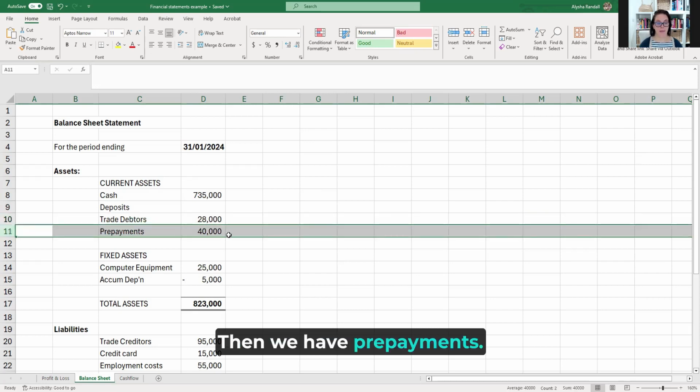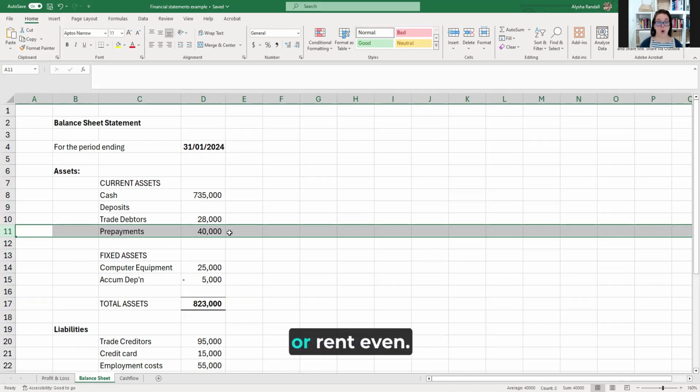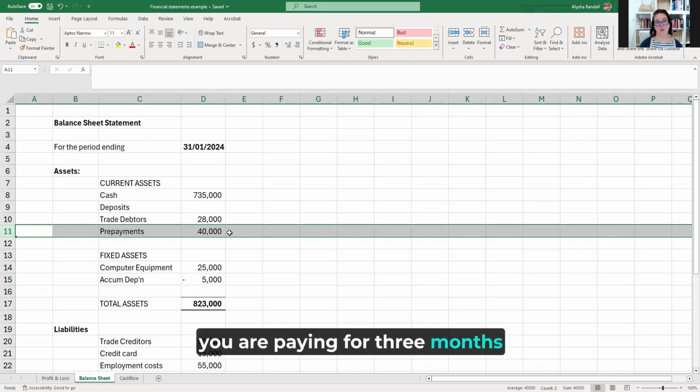Then we have prepayments. Nowadays, I would say practically everyone would have prepayments, generally because, particularly with, say, SaaS products, you're paying for these upfront, or rent even. So say, for example, you are paying for 3 months worth of a good or service.